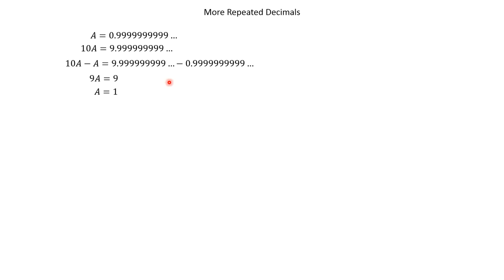Wait, that's not a fraction? Well, it is a fraction, but more importantly, what did we just show? We just showed that 0.9 repeating equals 1. Just letting that soak in for a second. 0.9 repeating equals 1. And that's it.